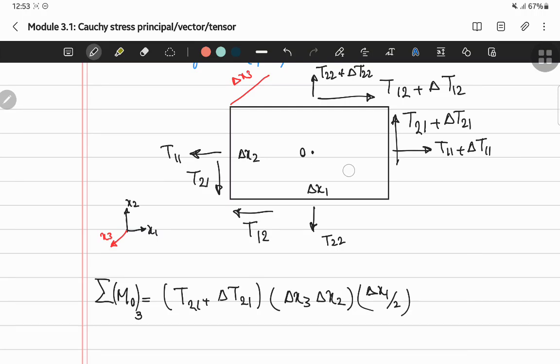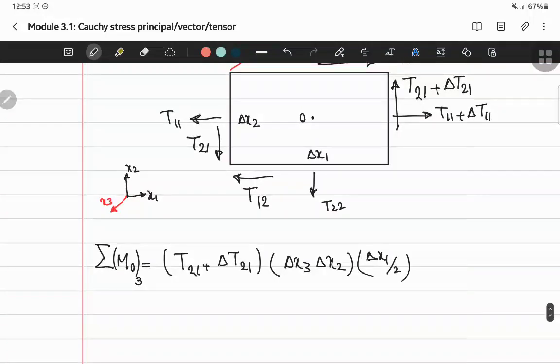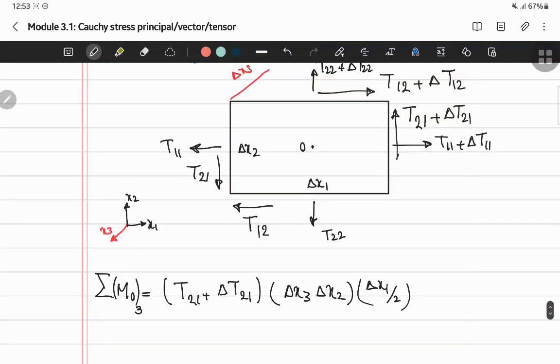This is the arm. So next, I have this t21, and let me assume that this is positive. So this moment is positive. Plus t21. So the area is the same, del x2, del x3. Then I have del x1 divided by 2.